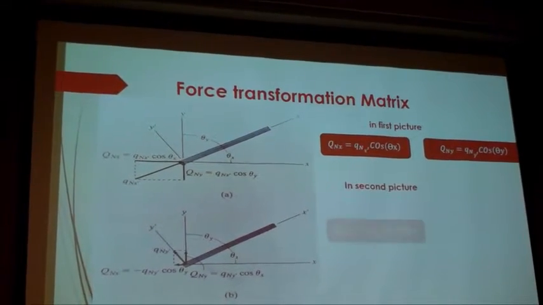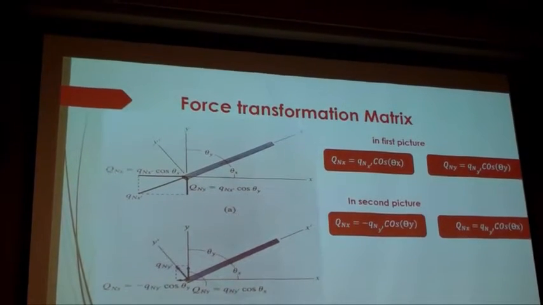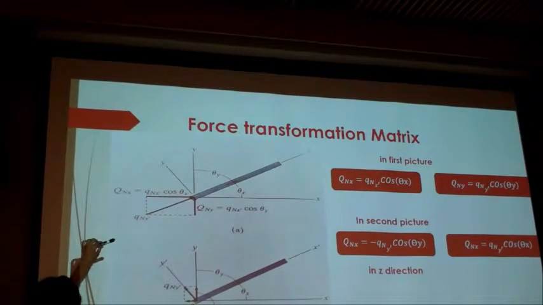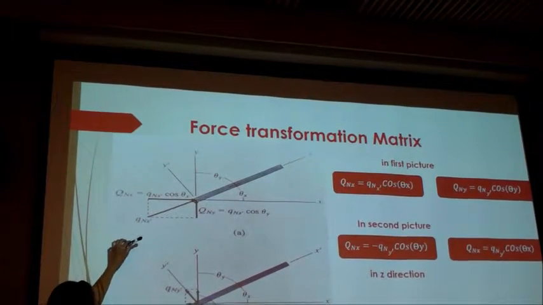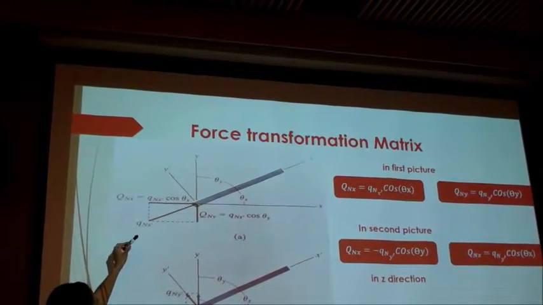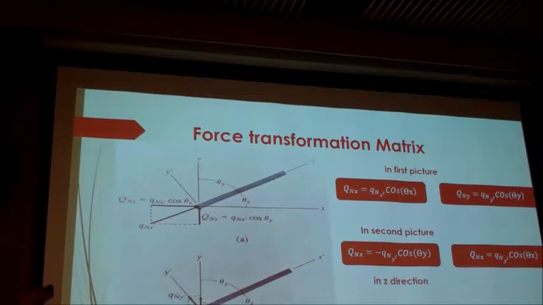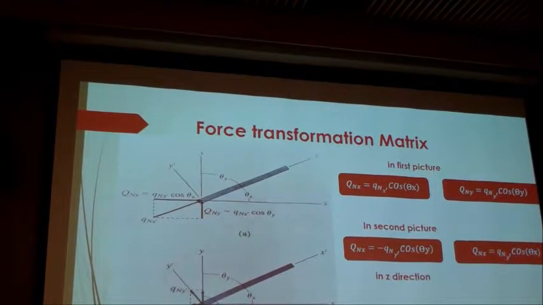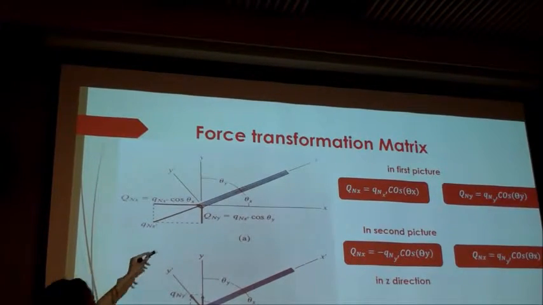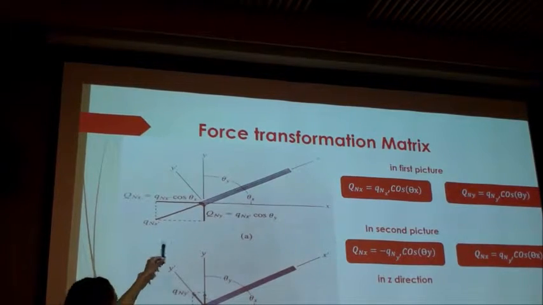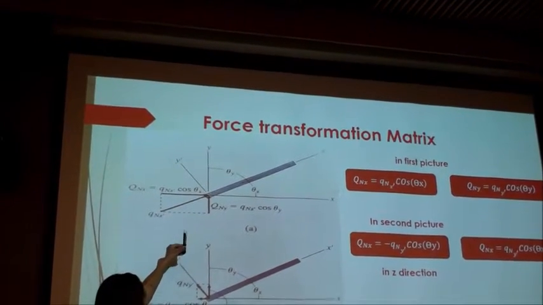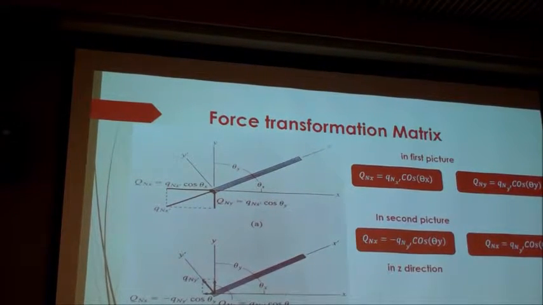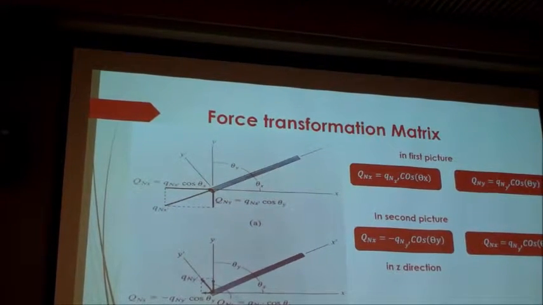So if we're trying to find the force transformation matrix, and we have the force Q parallel to the local axis X dash, we can break it into components to make it easy to find the equations. So the component perpendicular to that local axis. We basically transfer from local to global here.